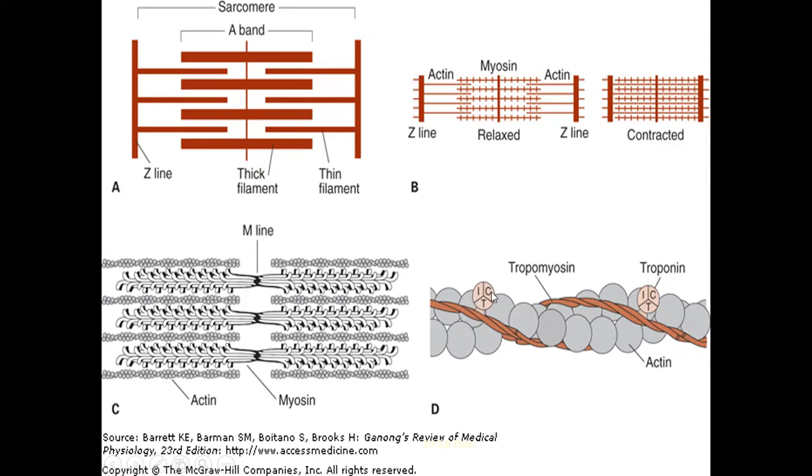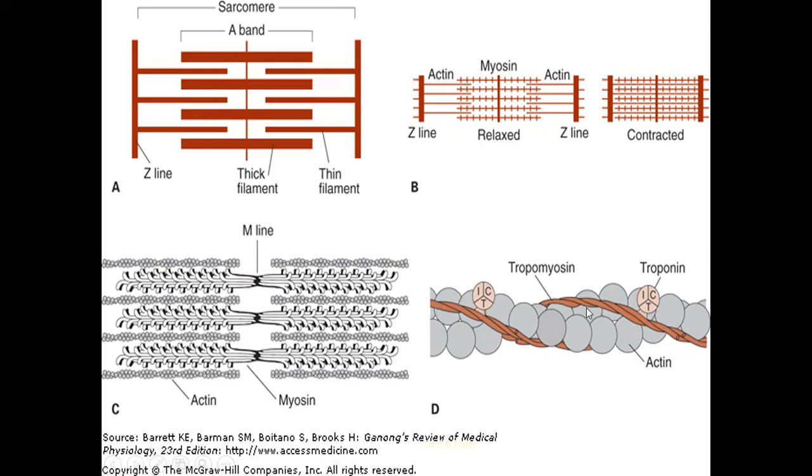Then the troponin C is the binding site for calcium, so it's a receptor for calcium. Calcium can come and bind to troponin C, causing the troponin complex to change shape, pushing away the tropomyosin from the binding sites. Once the binding sites are exposed, there will be interaction between actin and myosin that will bring about skeletal muscle contraction.